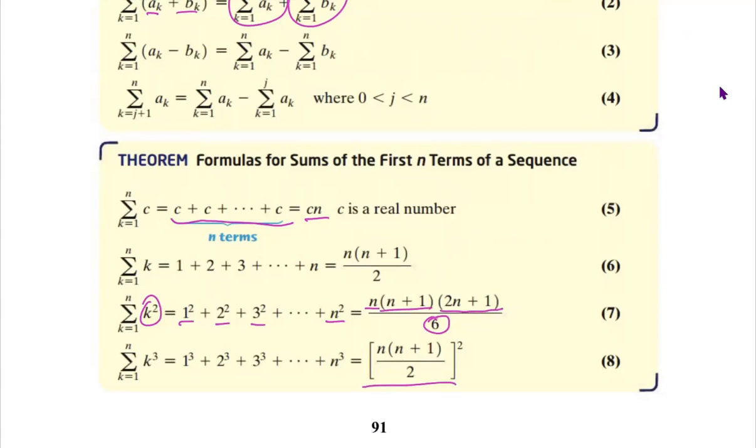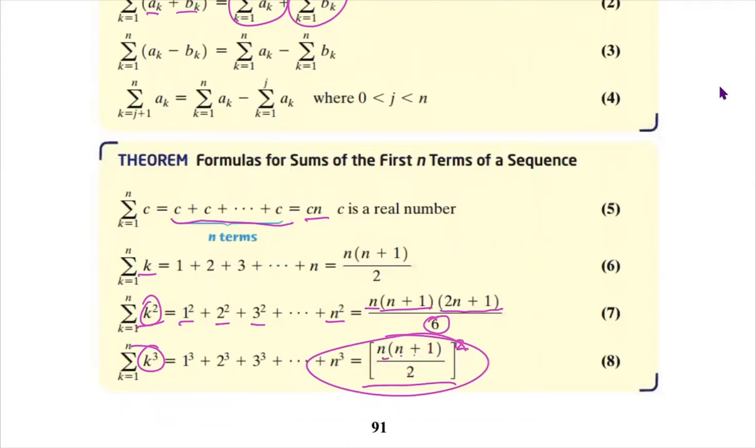And if you add the cubes of the first n integers, then this one would be n times n plus 1 over 2, and then squared.